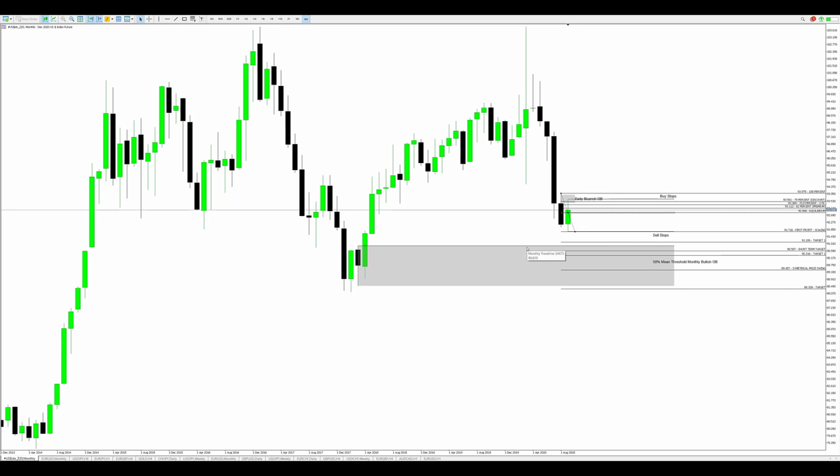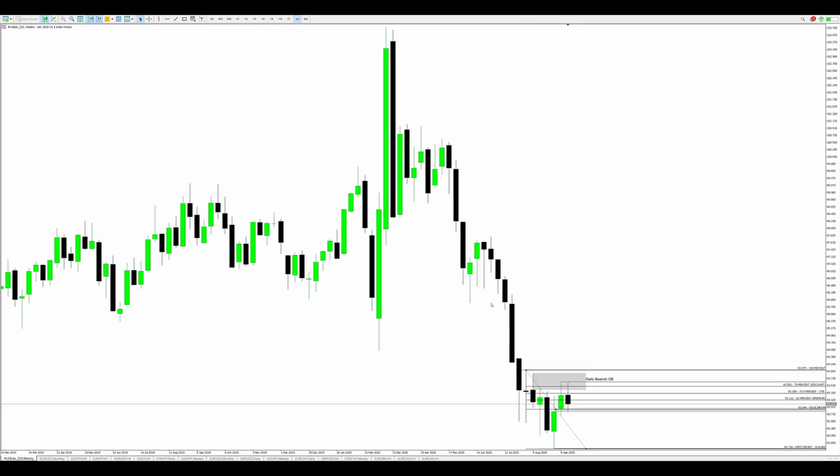Then from that area, we need to be hunting for short trades on dollar index. You can see the 93.30, that was from previous month high to current month low. Find a retracement there, it's coming in at 93.30. This way you should be hunting for shorts on dollar index and longs on Euro USD.